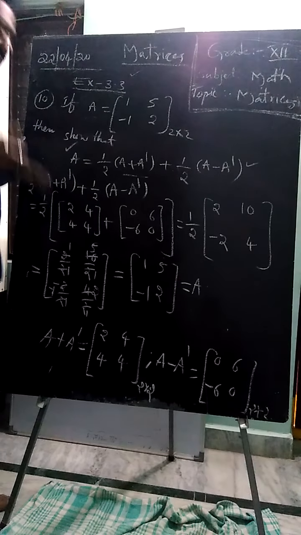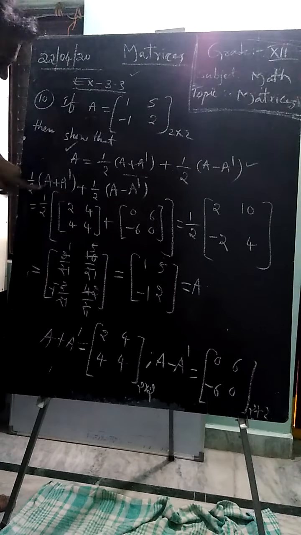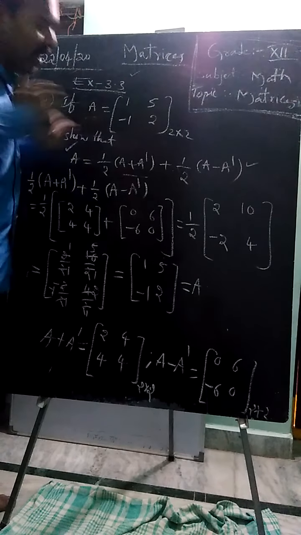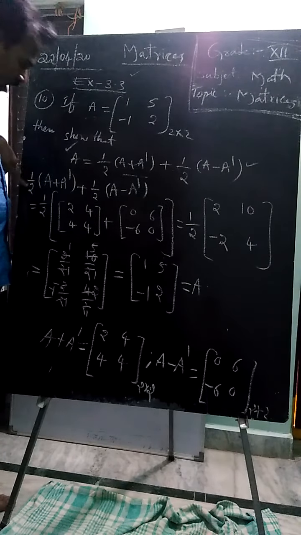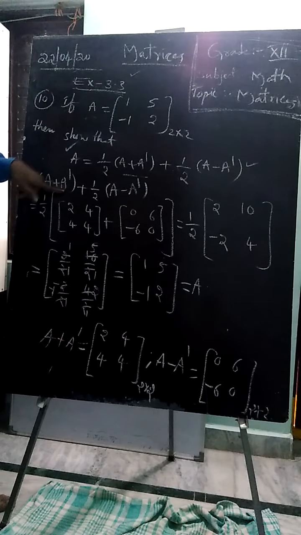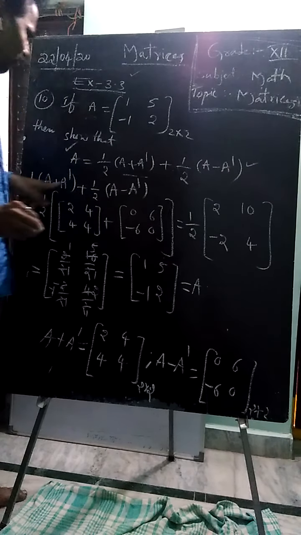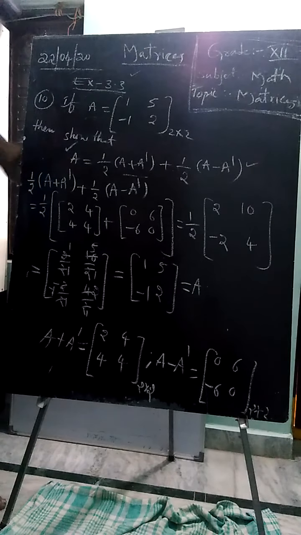Now we are taking the second method. That is, we take RHS, substitute the values we have, and prove it equals LHS. So half of (A plus A transpose) plus half of (A minus A transpose). Half can be factorized from these two terms.